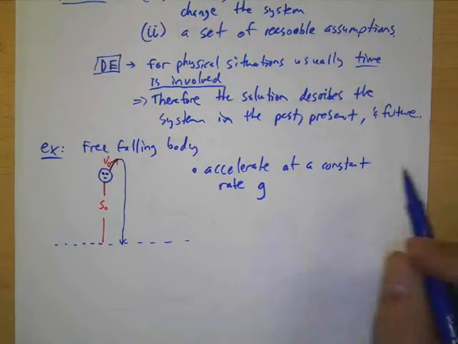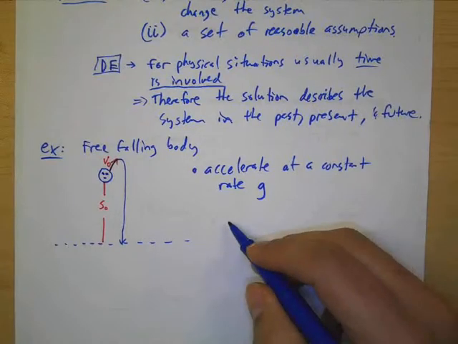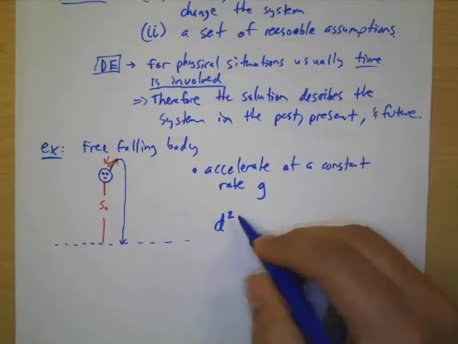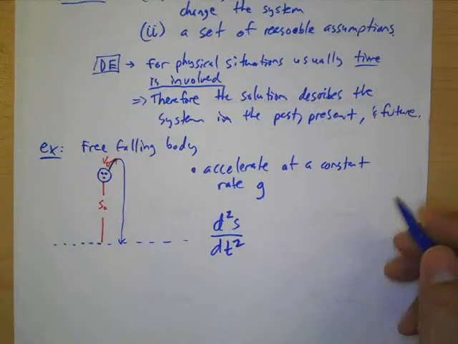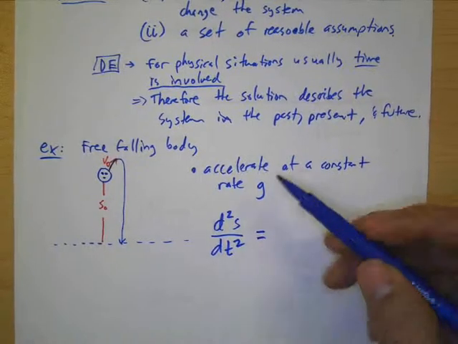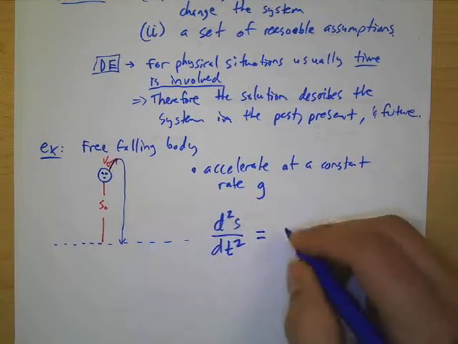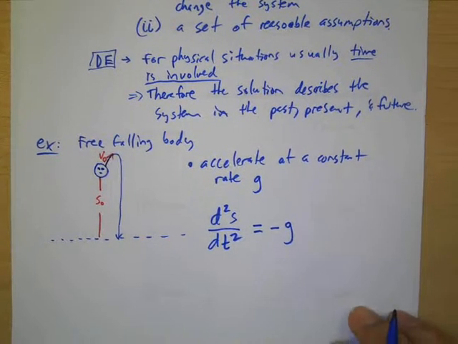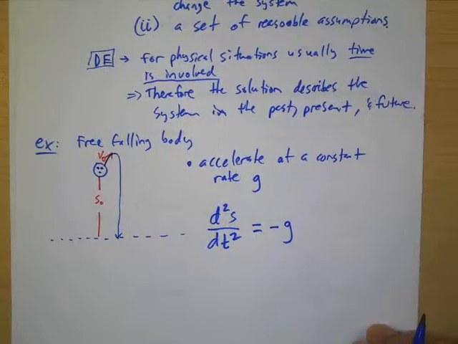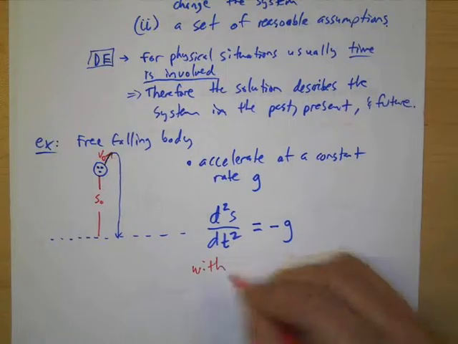Okay, so now how do we bring that into play? Acceleration is which derivative? So we'll say d squared s over dt squared. And since gravity is moving this downward, we'll say that that acceleration would have to be equal to minus g. With the initial conditions, bless you.